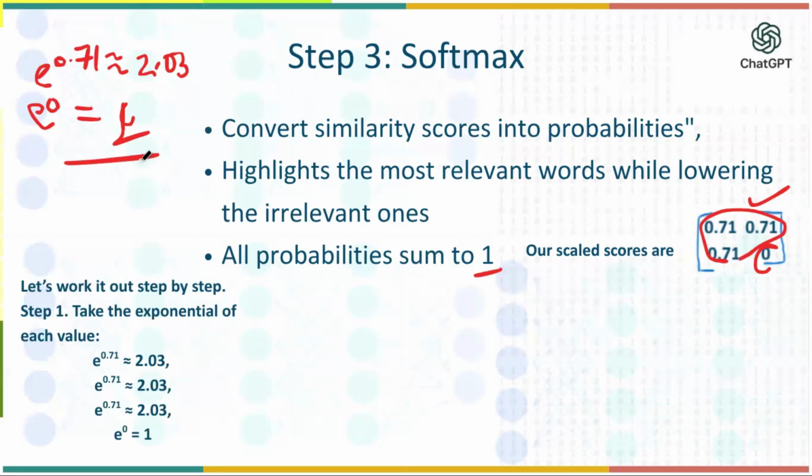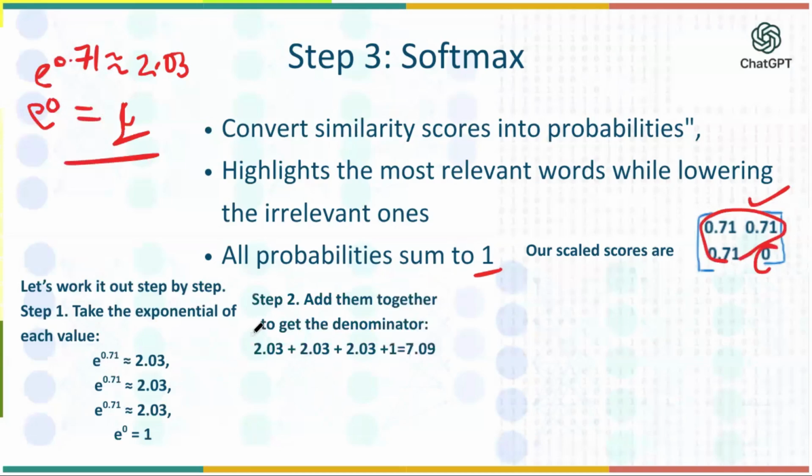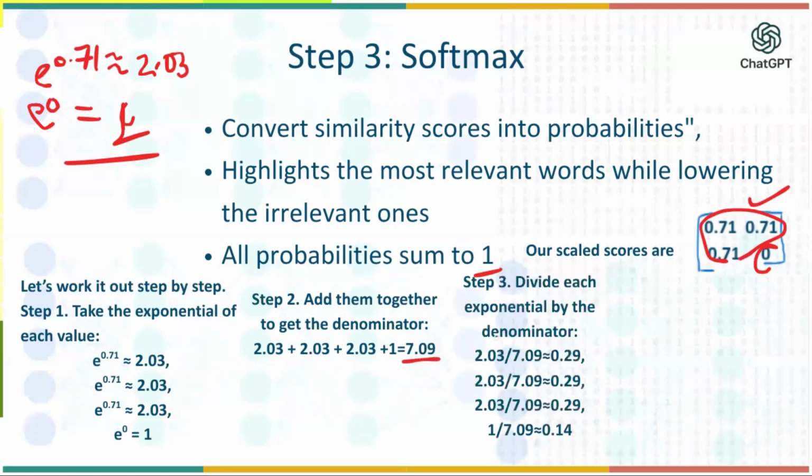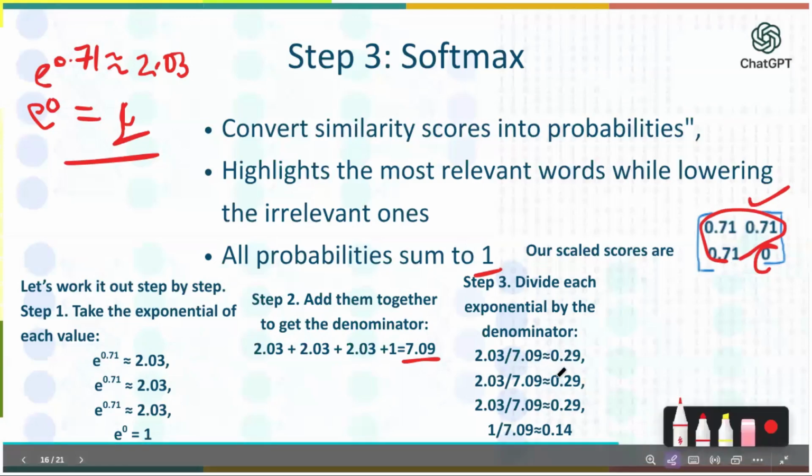Once we have calculated the exponential of each value, we add the results and get 7.09. Then in step 3, we divide each exponential by the denominator. So the denominator is 7.09, and we divide each exponential value by this number, and we get 0.29 for the three tokens and 0.14 for the last token, because 1 divided by 7.09.